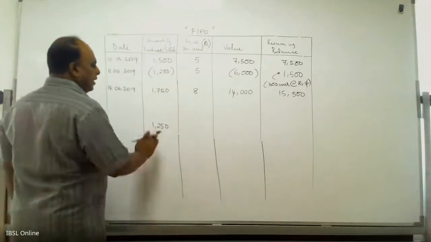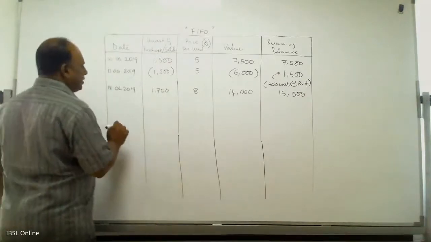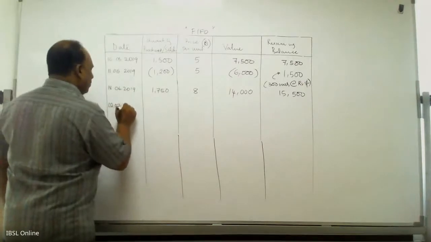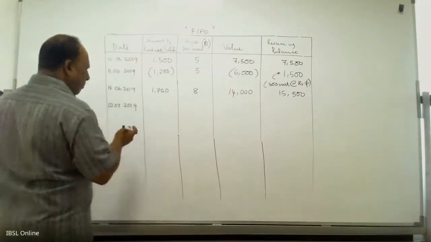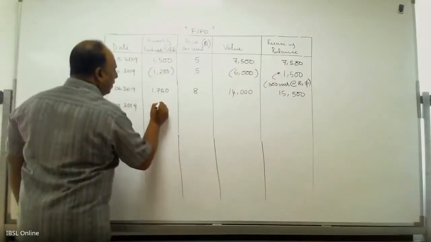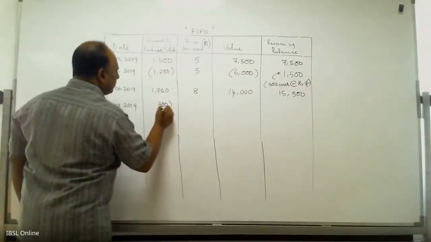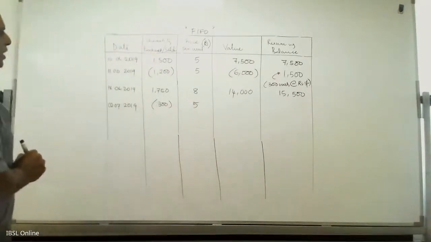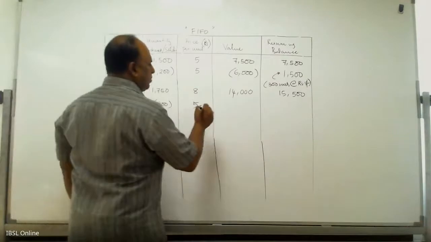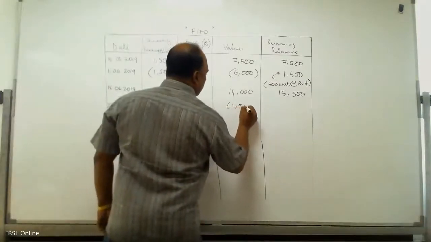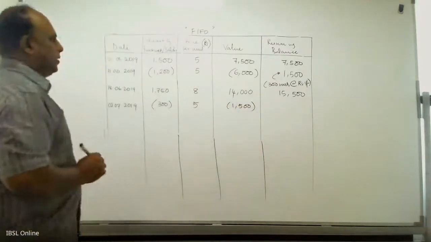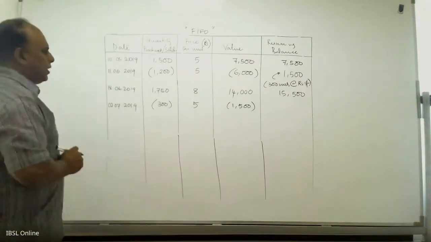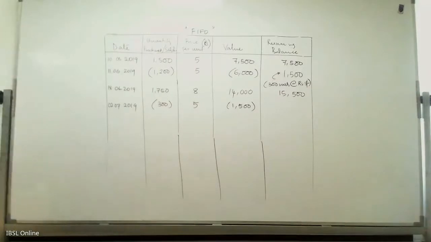So on 2nd of July 2019, I am going to issue 300 units from 5 rupees, which amounts to 1,500.